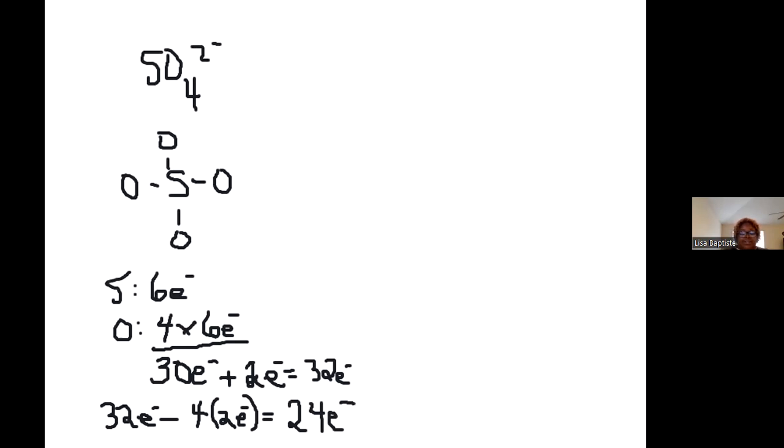So the next thing we want to do is add electrons to our structure to give us our Lewis structure. So I'm going to actually add it to our crude sketch here. And so 24 electrons, and we know that each oxygen wants 6 more electrons, the same as we saw in the previous example.